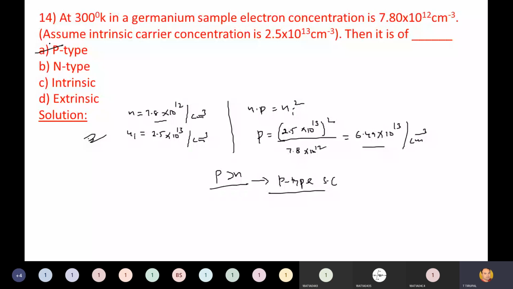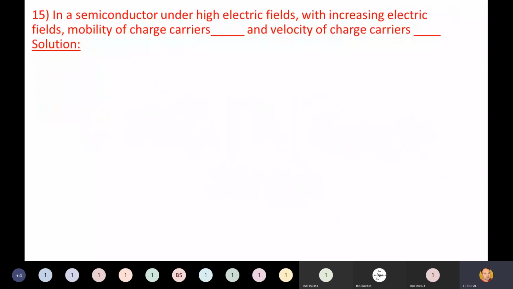Shall we go for the next problem? In a semiconductor under high electric fields, with increasing electric fields, mobility of charge carriers dash and velocity of charge carriers dash.